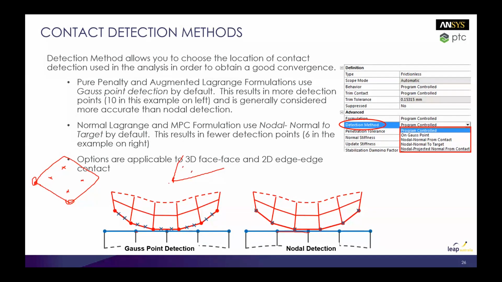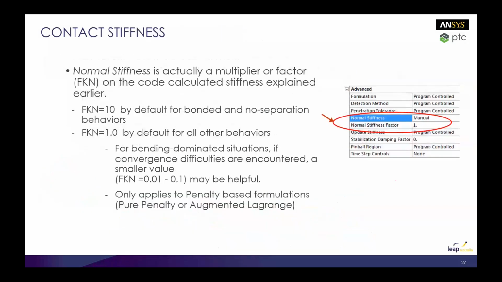If that's your nodal segment, contact isn't detected until that point there. So you'll have a small amount of artificial penetration that's not accounted for. So if you've got lots of sharp corners, you sometimes need to change your detection to nodal detection.